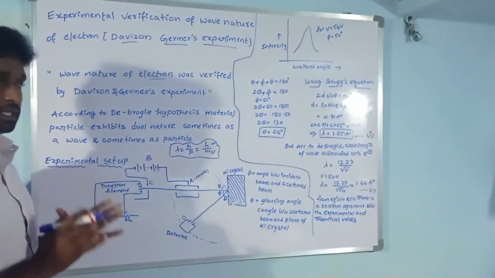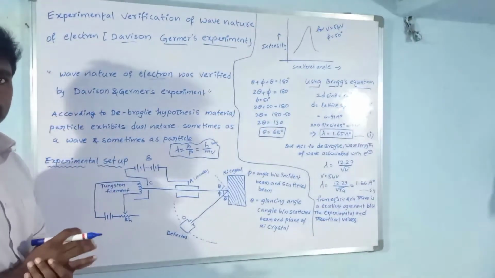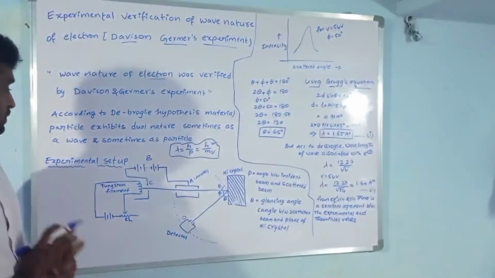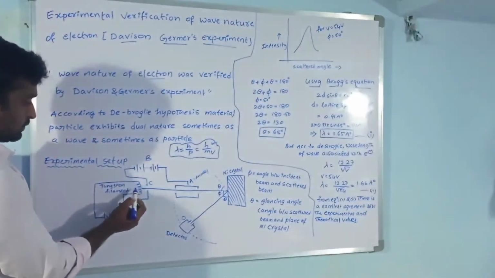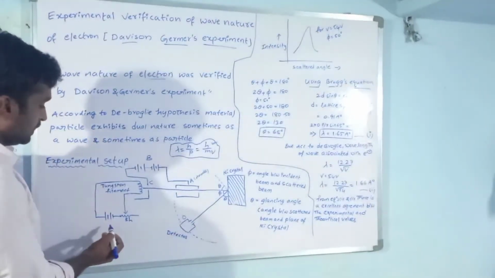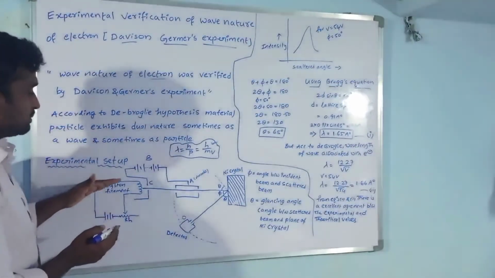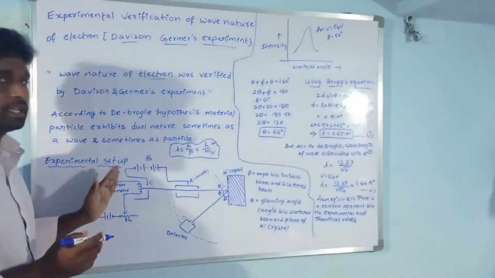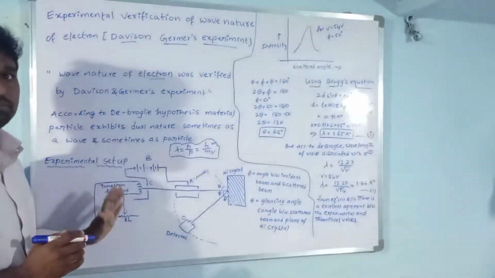Now, looking at the experimental setup of Davisson-Germer's experiment, this is a tungsten filament. The filament is connected to a low tension battery. The tungsten emits electrons when heated, that is, due to thermionic emission.